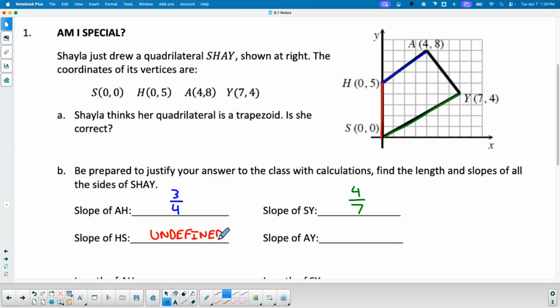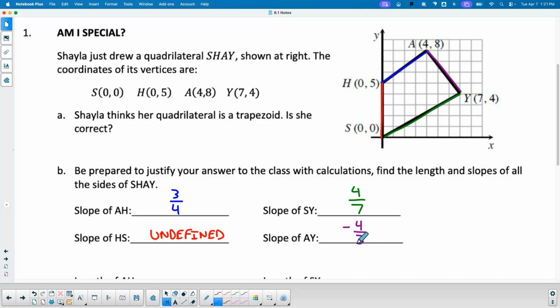Vertical slopes are undefined slopes, because we're dividing by 0 in the slope. And then we've got AY over here. I got a slope of AY as negative 4/3. Would you agree with me on negative 4/3? Yeah? Okay.